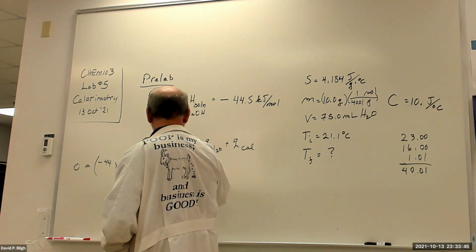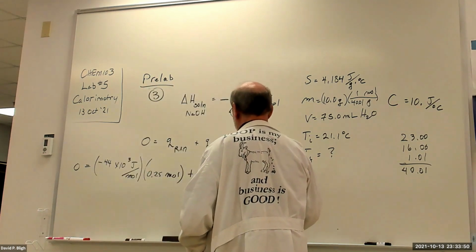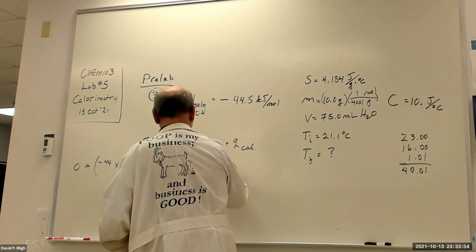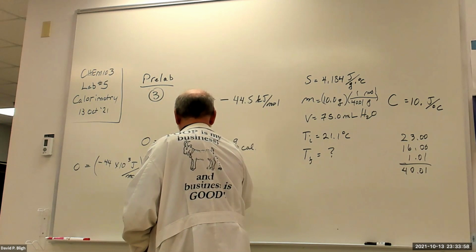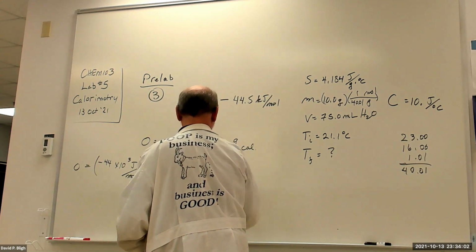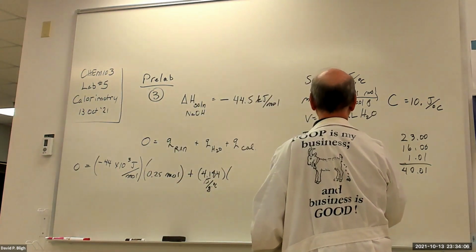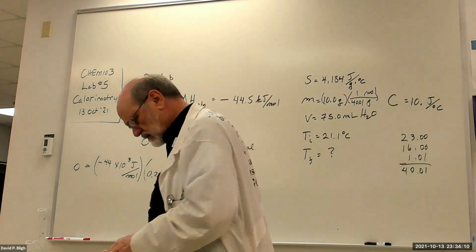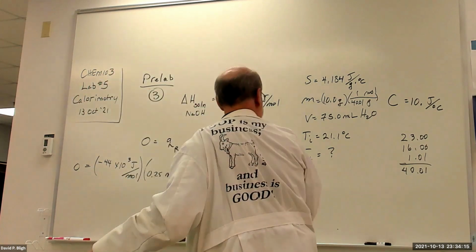Let's see, and the temperature change of water is going to be 4.184 joules per gram degree centigrade. And I'll write it here. Joules per gram degree C times the mass of the water. Where's the mass of the water? 75 milliliters.